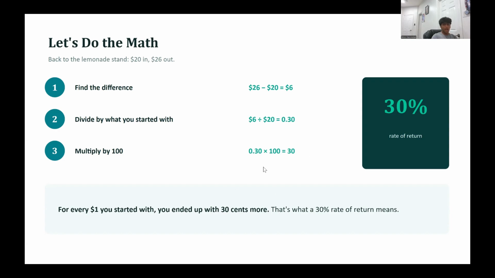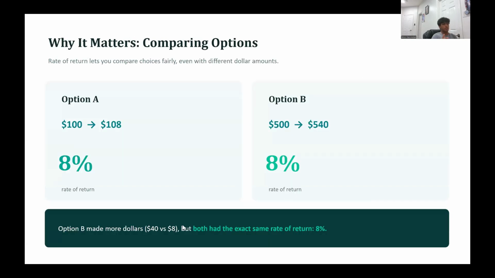All right, now we have why it matters, and we're looking at comparing options. Here's why rate of return is such a powerful tool. Let's say you have two investment options. Option A, you put in $100 and it grows to $108. That's an $8 profit. Option B, you put in $500 and it grows up to $540.